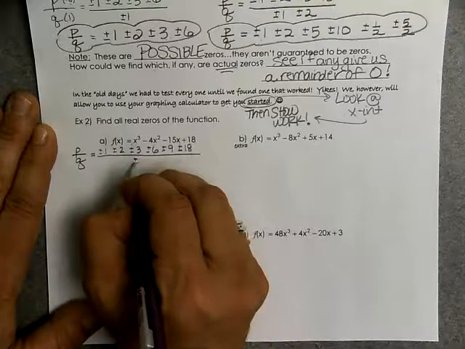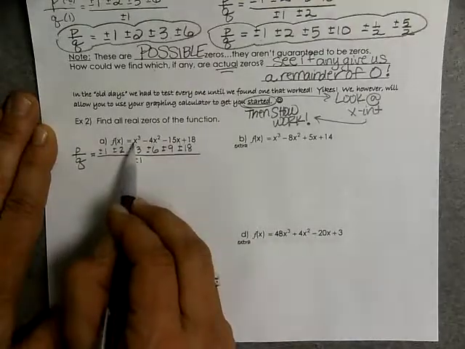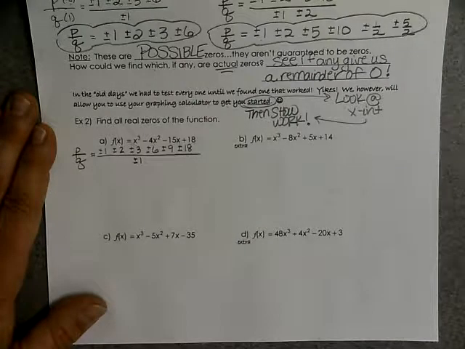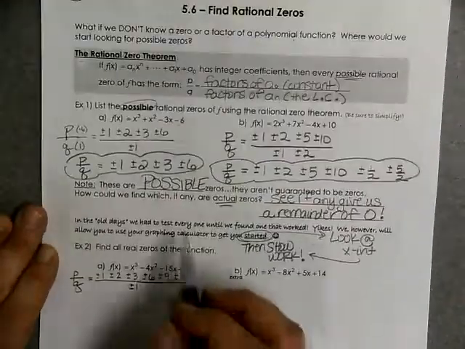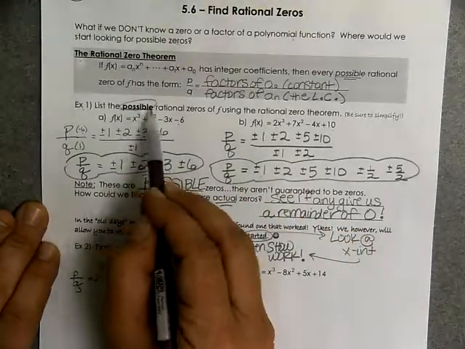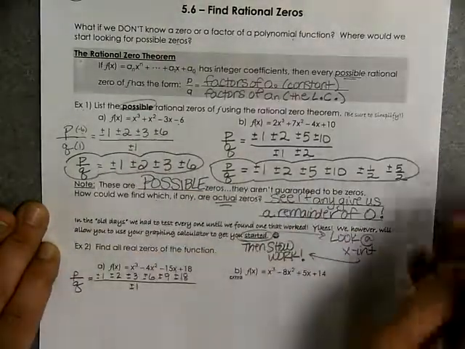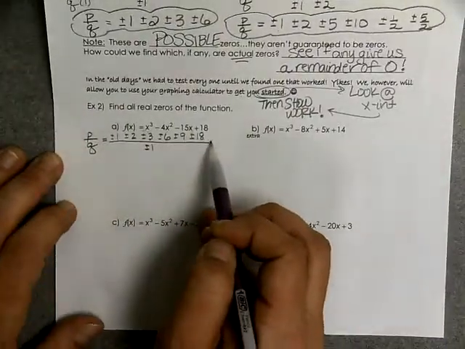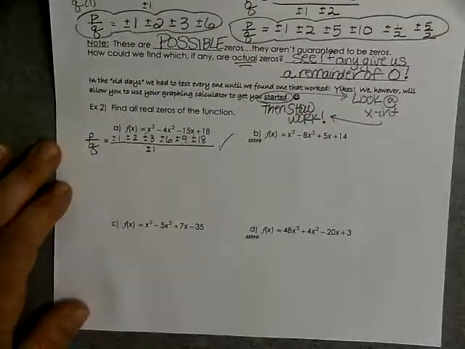And then our Q, our leading coefficient, is 1, so the possibilities are plus or minus 1. Now for these problems, you don't have to simplify it like we did up here. When it says to list the possible rational zeros, we do want you to simplify. Here, because we're using it as a tool, you may leave it like this for these problems, okay?